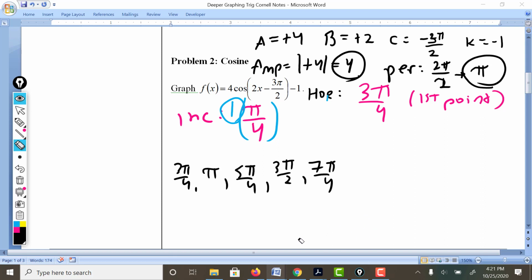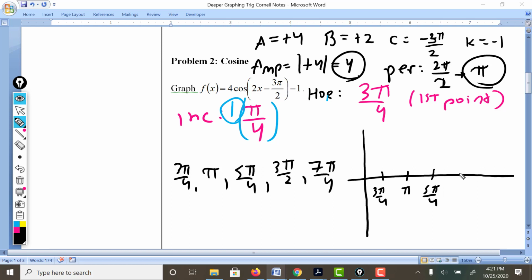My apologies. I'm realizing as I'm doing this, you might need more paper. So you might want to do this on a separate sheet of paper and attach it, just so you can keep some sanity. I'm going to go ahead and make the graph. And the amplitude was 4.